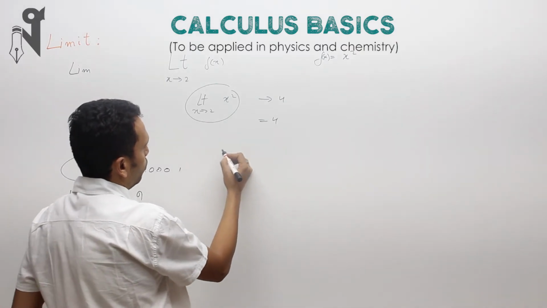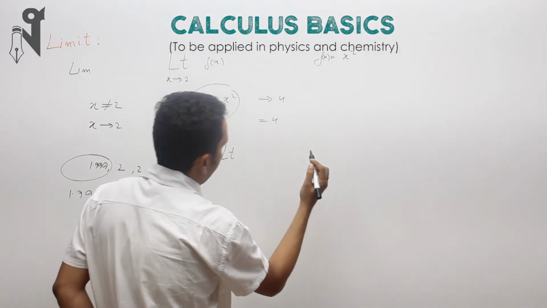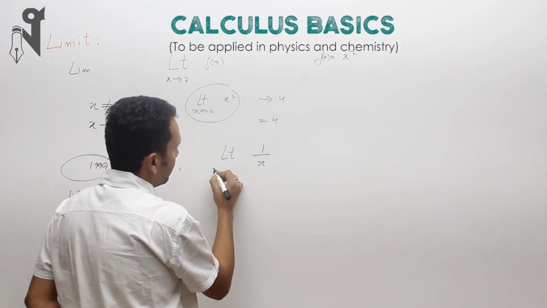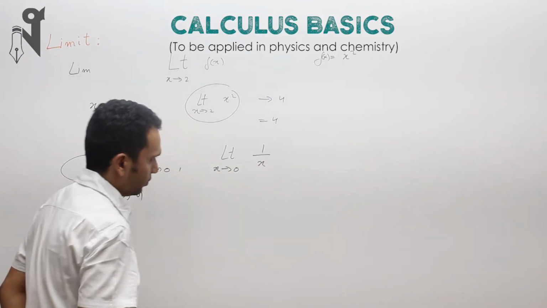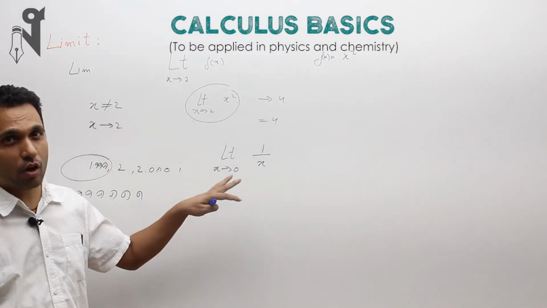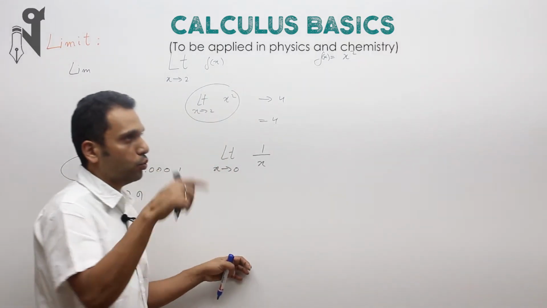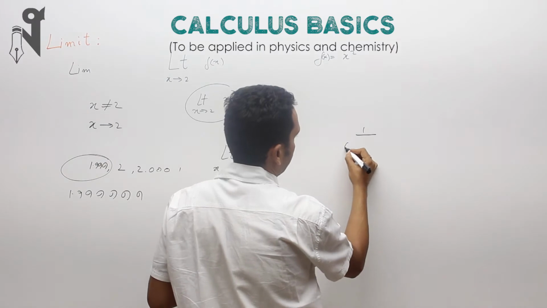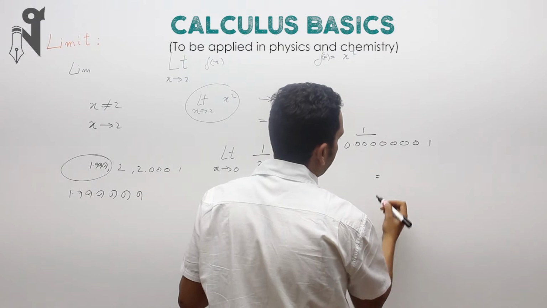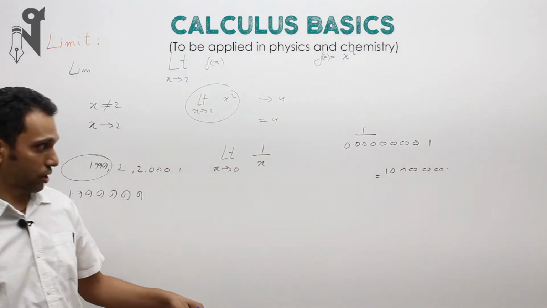But if I ask you what would be the answer for, say, 1 by x, x tending to 0. Now you can imagine a number which is very close to 0 but not equal to 0. So if I imagine a right hand number, my answer becomes 1 by many zeros and 1, which is equal to a very large number, 1 and a lot of zeros.